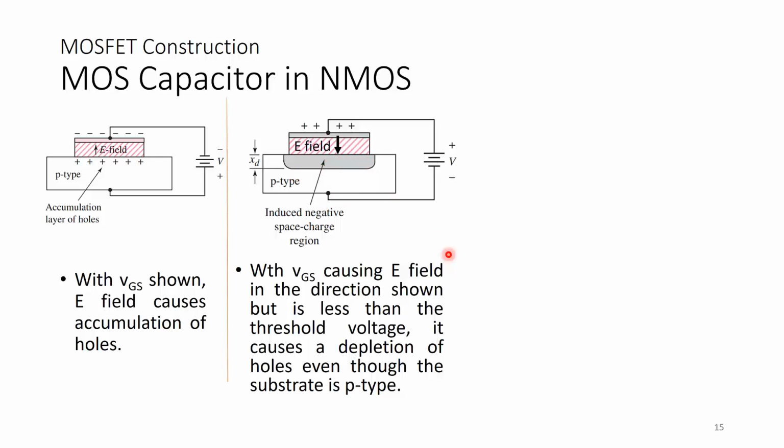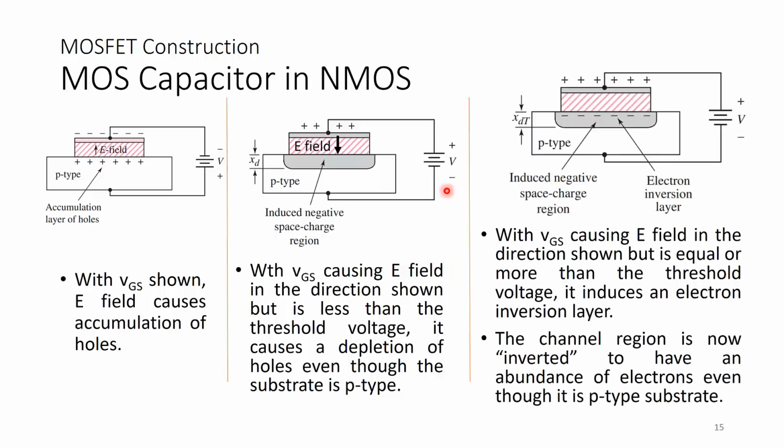But if you keep on increasing the biasing of this voltage source up to a value that is equal to or greater than the threshold voltage, with VGS causing an E field in the direction shown, not only does it drive away the holes, it induces an electron inversion layer here.